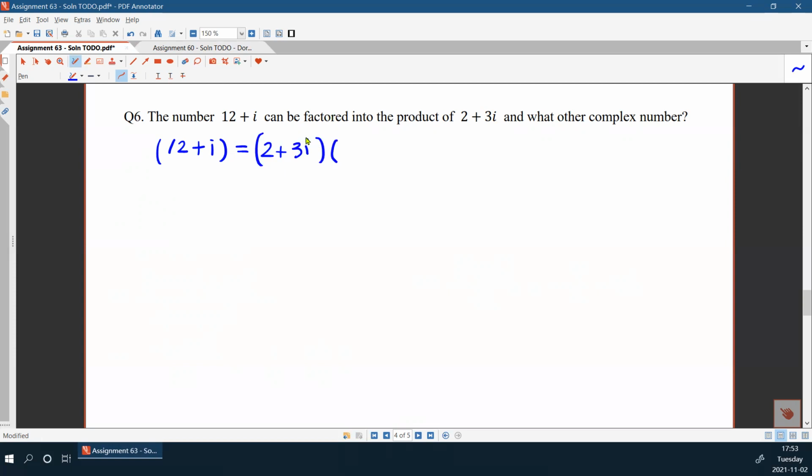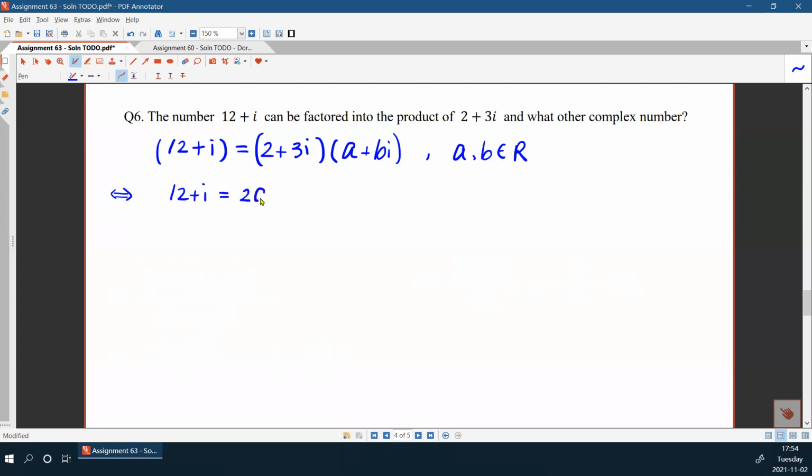So first of all, we can express 12 plus i as the product of 2 plus 3i with another complex number. If you don't know the other complex number, you can express it as a plus bi, right? And then as long as we find the values of a and b, we can solve for the other complex number. So note here, a and b are both real numbers, right? Okay, so the left side you can just keep. The right side, we can expand it, right?